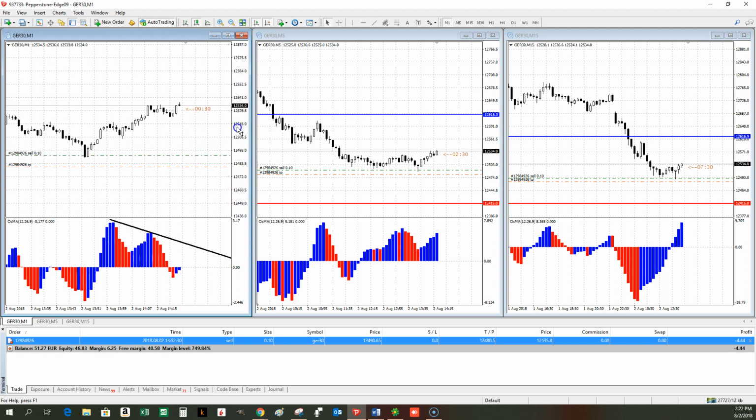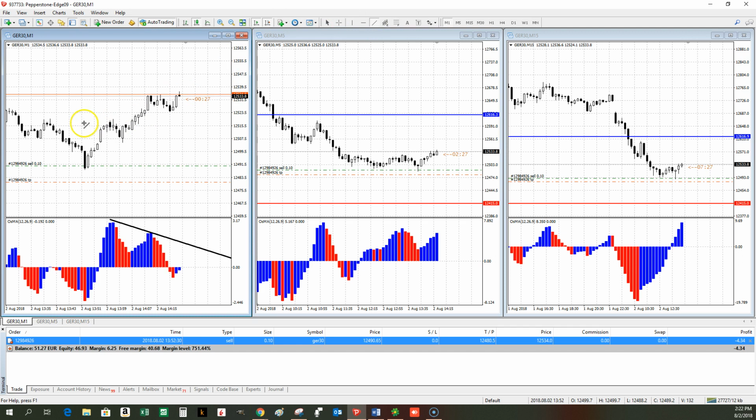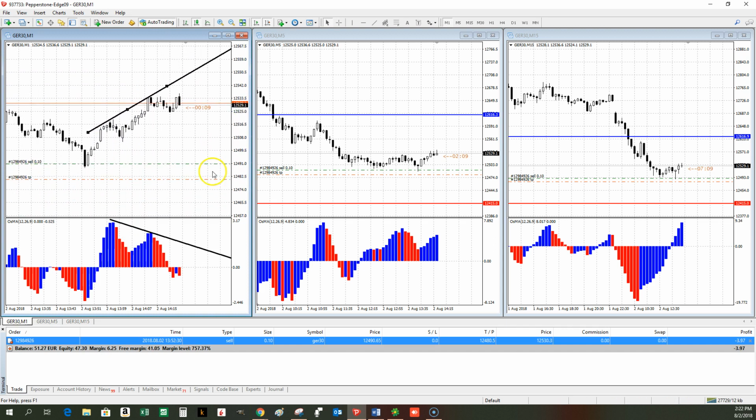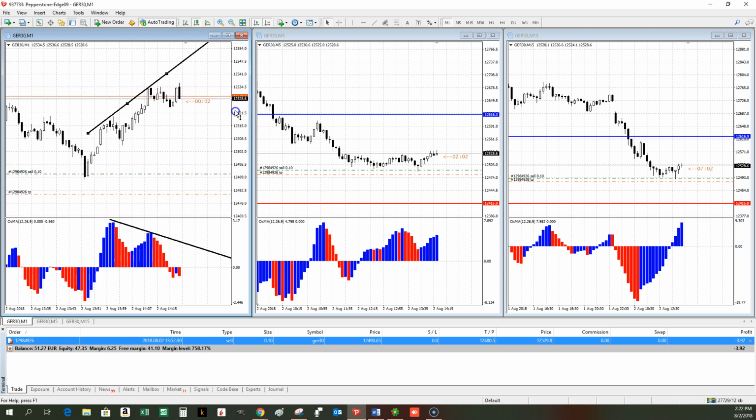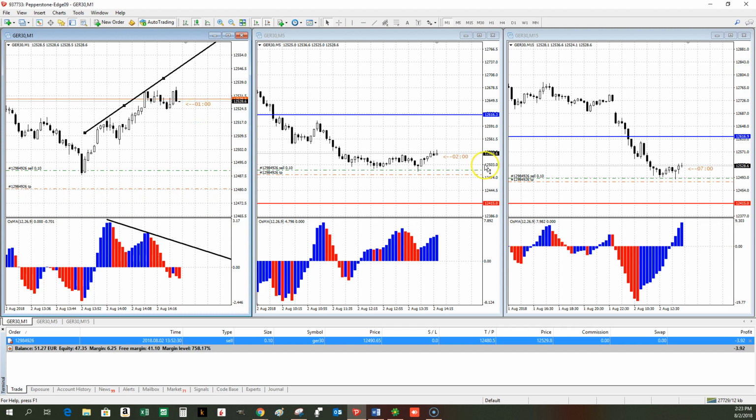You see, the candlesticks are going up, but the moving average of the oscillator is going down. The waves are going down. So it's what we call a negative divergence, meaning that we're gonna have a drop in a few minutes.